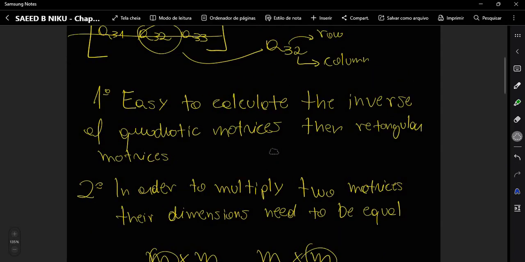Why do we add the scalar factor and work with matrices in their quadratic form? Because this way it's easier to calculate the inverse of quadratic matrices than rectangular.